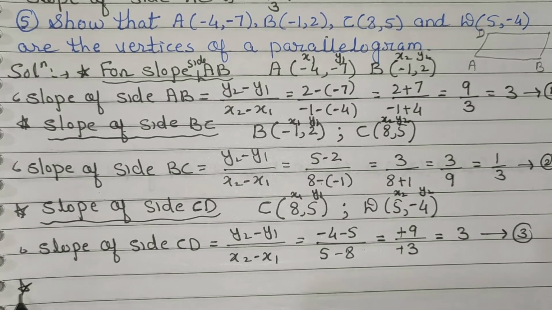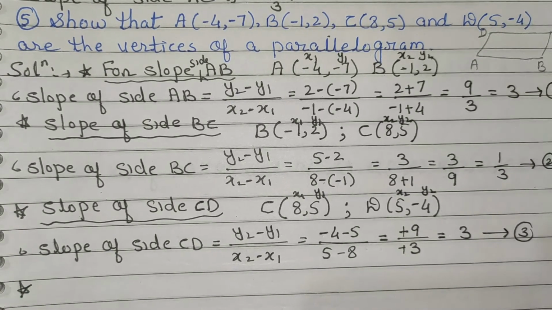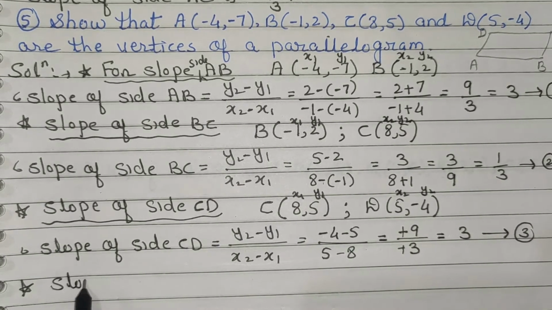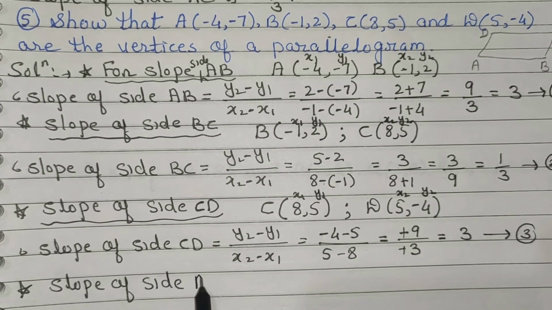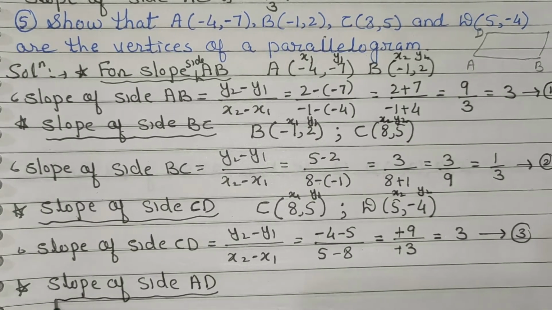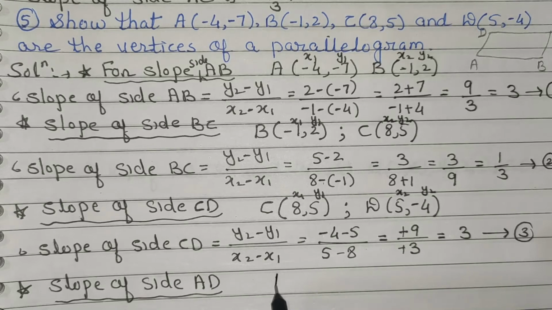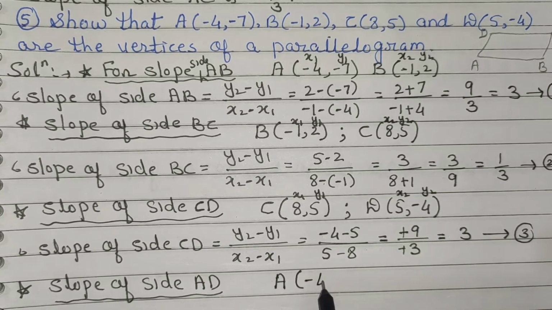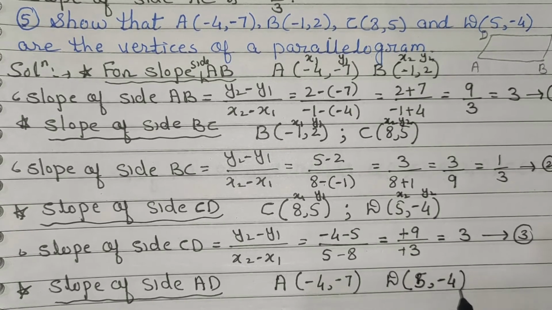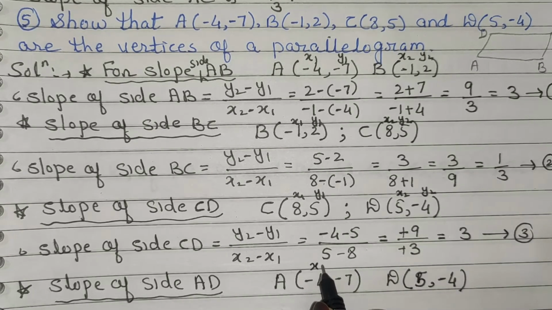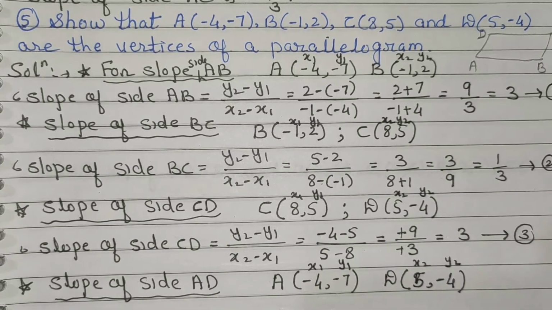And next, find the slope of AD. Slope of side AD. For slope of side AD, write down the coordinates of point A are minus 4, minus 7 and the coordinates of point D are 5, minus 4. Let us consider the coordinates are x1, y1 and here x2, y2. Now apply the formula here.